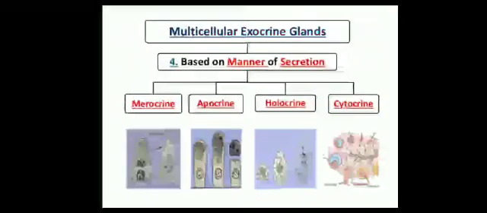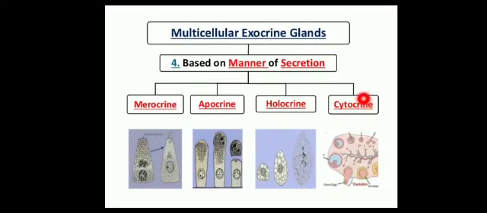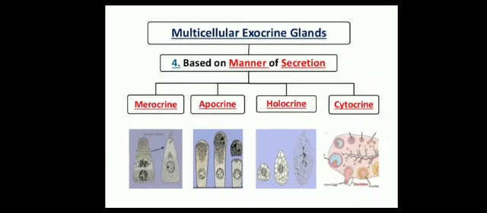And here is another type which is known as cytocrine. In the case of cytocrine secretion, the whole cell is secreted as secretion. For example, spermatozoa and the release of ovum from the ovary. This is an example of cytocrine secretions.